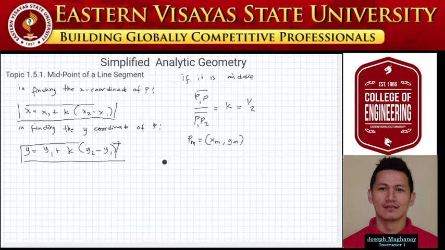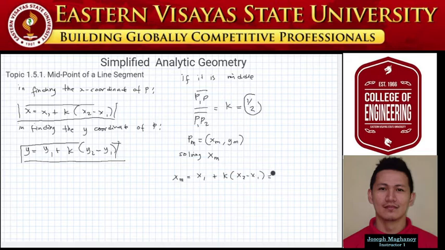Okay, so substituting into the formula with our k, solving for x sub M, the x of the middle, x sub M is equal to x sub 1 plus k times (x sub 2 minus x sub 1). We know that our k at the middle of a line segment is 1/2.